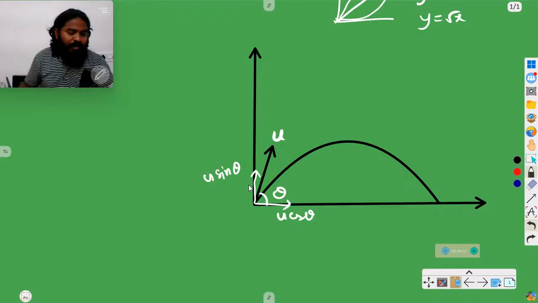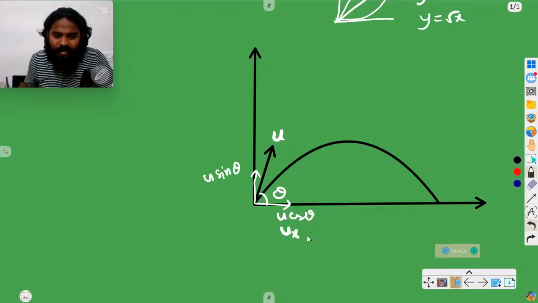These are the two components of the initial velocity. Along the x-axis the speed of the projectile is u cos theta, I can call it ux, and this is uy. Along the y-axis the initial speed is u sin theta.